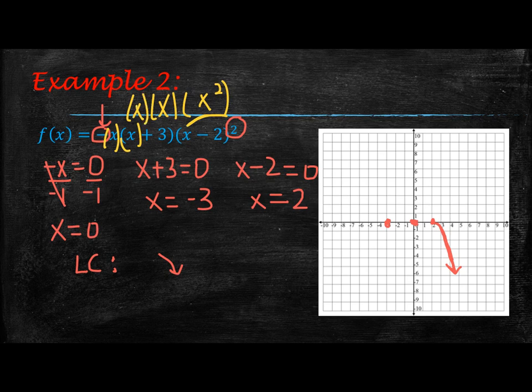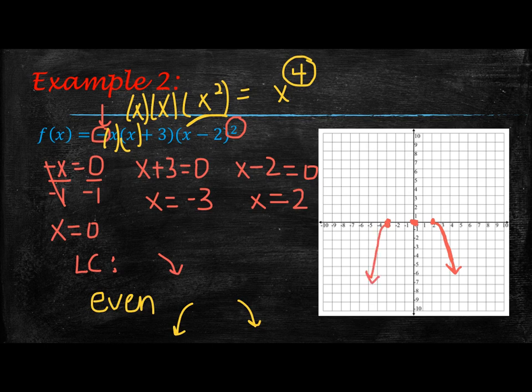So my highest degree is actually going to be an x to the 4th, and so the degree of the polynomial is 4. That means that this is an even function, and so if the right side goes down, so does the left side. Okay, so now on the left side, let's go ahead and graph that going down as well.